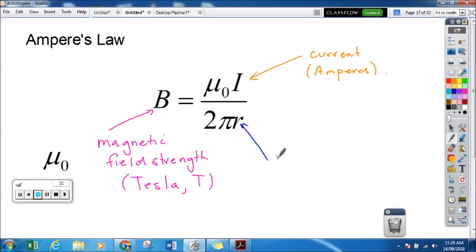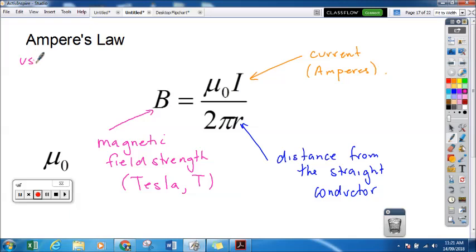and r down here, which is the other variable in this equation, is the radius of the field, which we're going to say is the distance from the straight conductor. So this law is used to determine the field strength, that's the magnetic field strength at a certain distance away from a line.